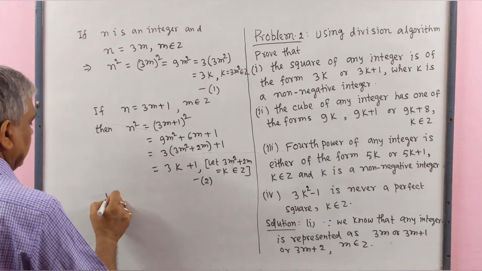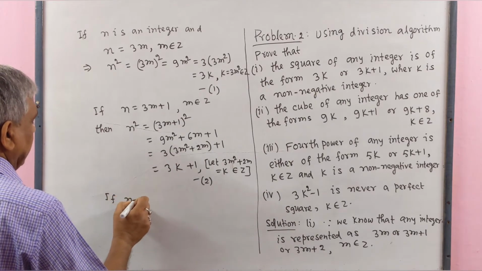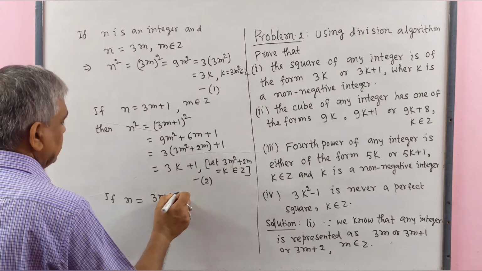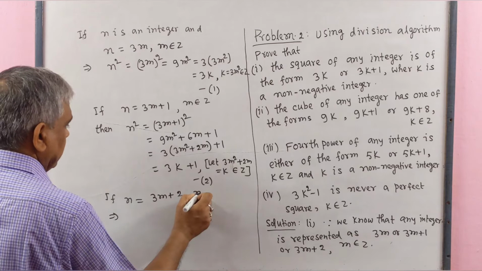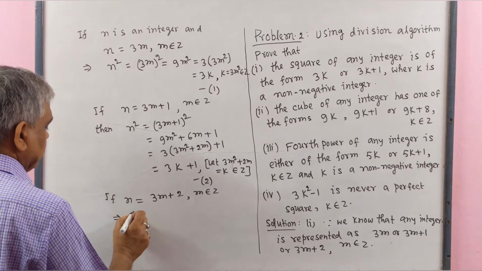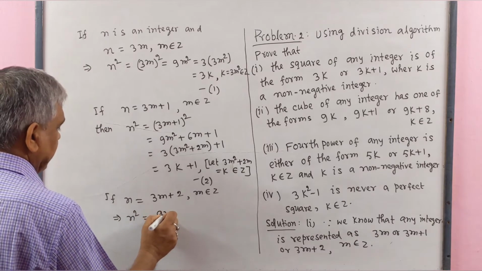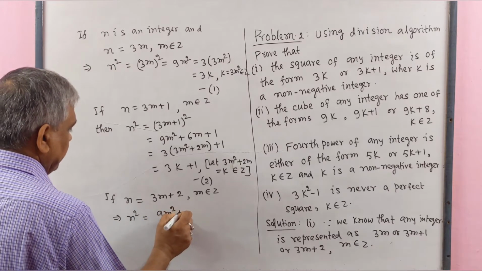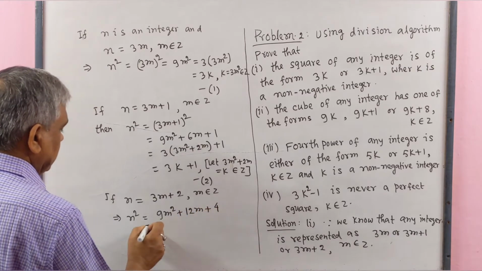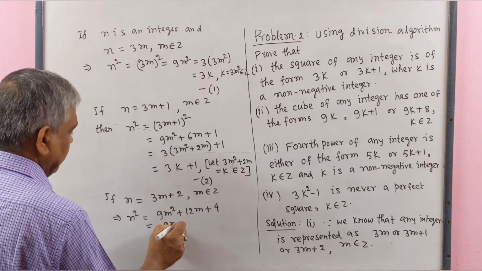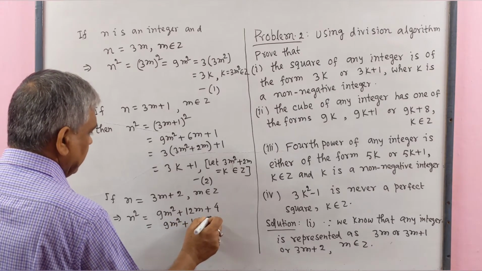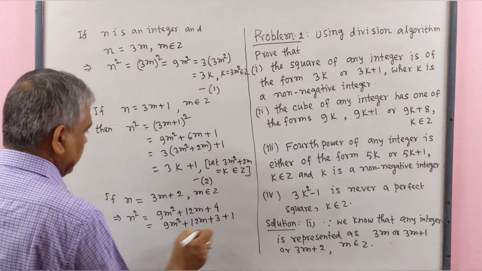If n equal to 3m plus 2, m belongs to Z, implies that n square equal to 9m square plus 12m plus 4. This equal to 9m square plus 12m plus 3 plus 1.